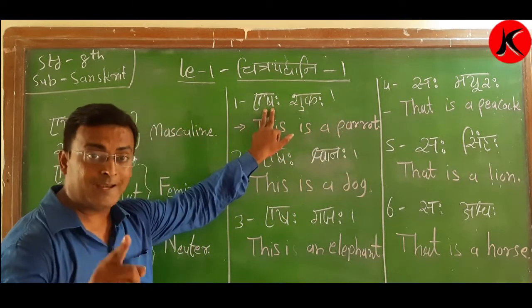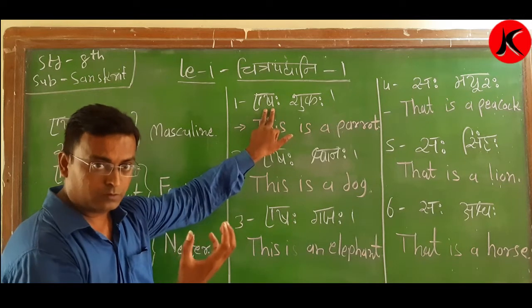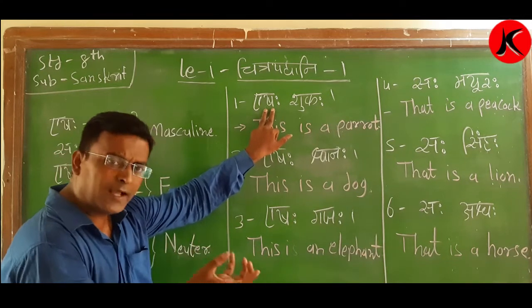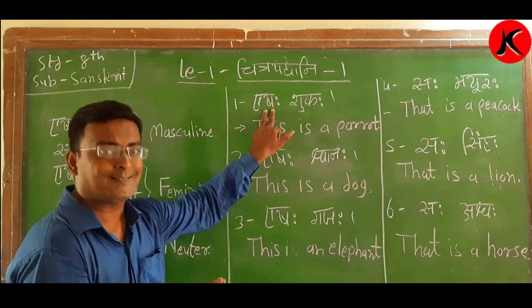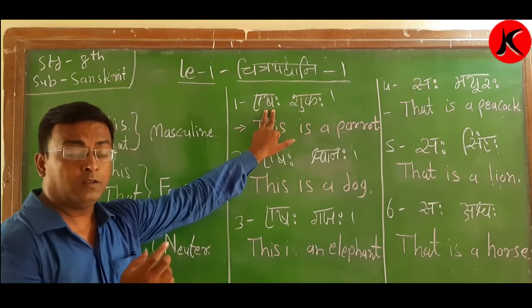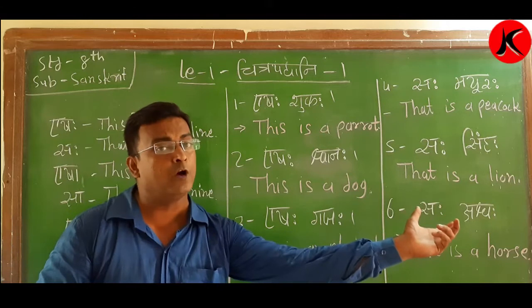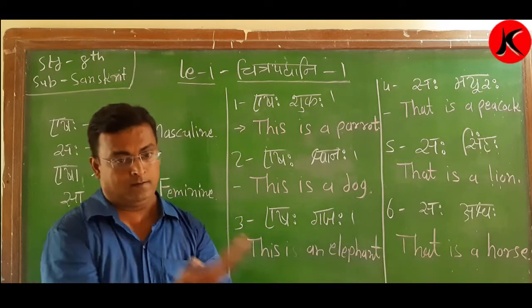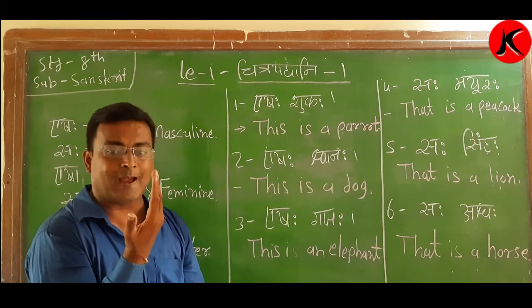Esha means this. This means near about. जो हमारे बहुत नजदीक होता है उसके लिए हम दिस यूज करते हैं, THIS. But the object is a little bit far away from us, then that. This one, my hand is here, so this is my hand.